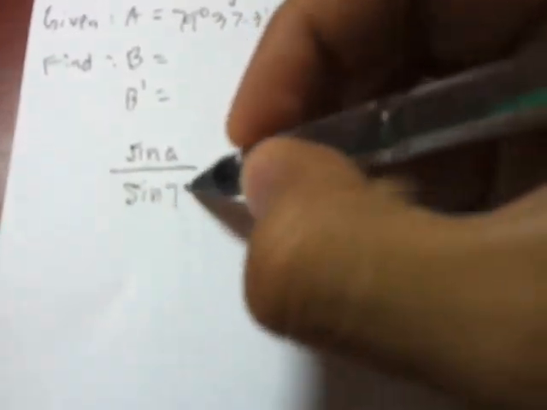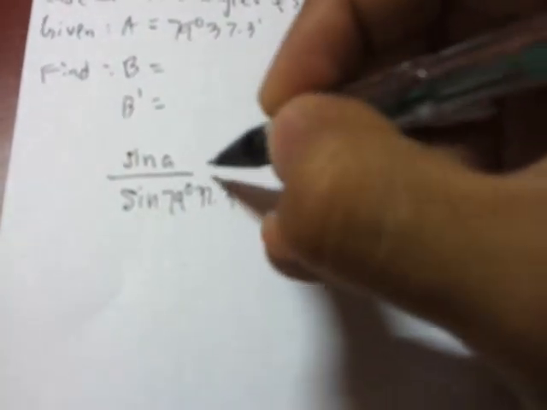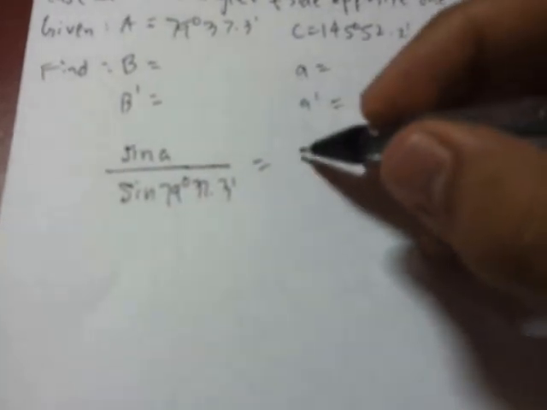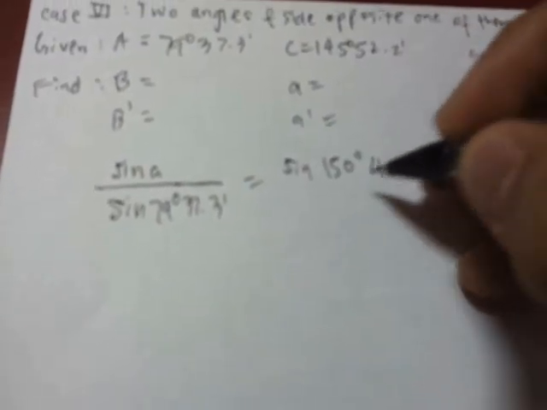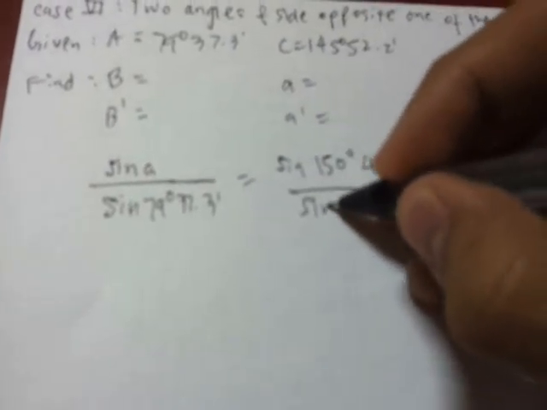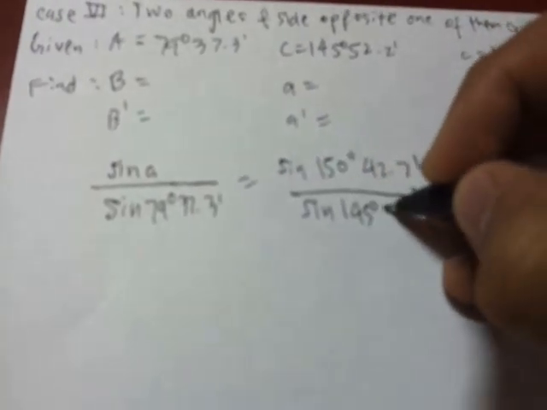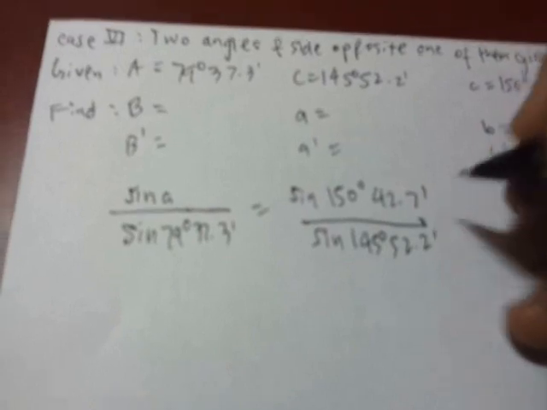Okay, sine of 79 degrees 37.3 minutes equals sine of this small c over sine of big C, sine 150 degrees 42.7 minutes all over sine 145 degrees 52.2 minutes.